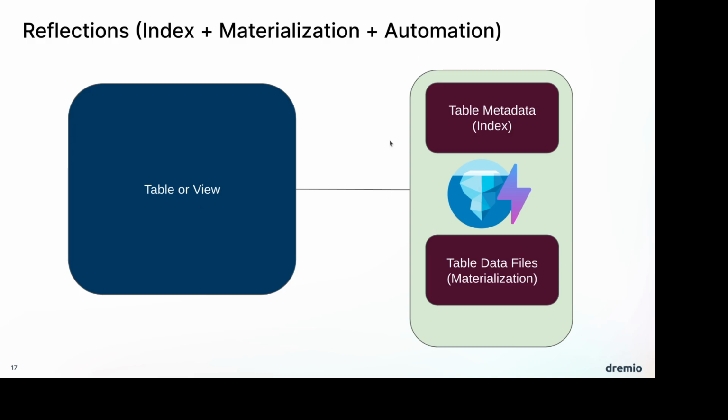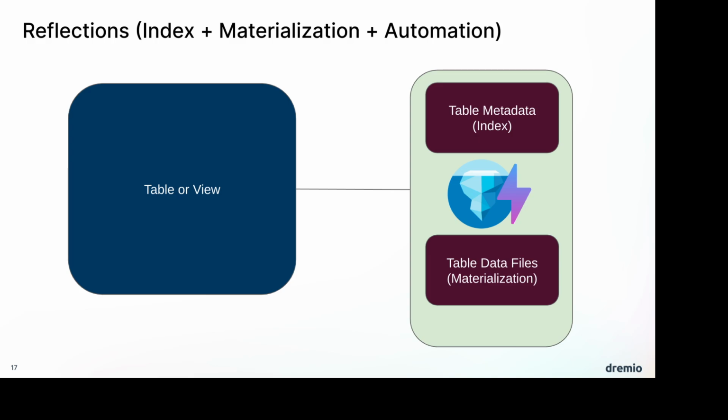So once you create this, it doesn't create a new name. It doesn't become like table A materialized. Basically, the Dremio semantic layer tracks that you've created a reflection based on this table or this view, and whenever that table or view is queried, it'll just swap it out. This way the analyst doesn't have to think about which version of the table they need to query.